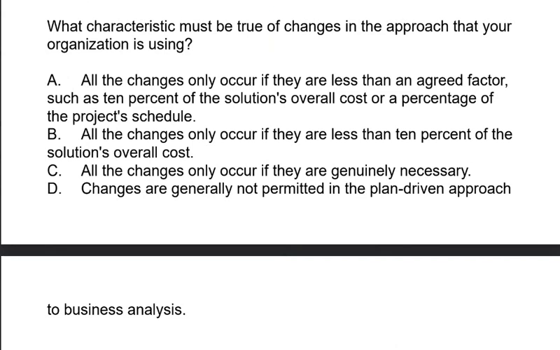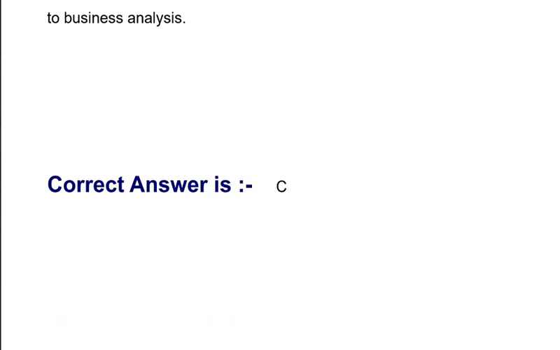Option B, all the changes only occur if they are less than 10% of the solution's overall cost. Option C, all the changes only occur if they are genuinely necessary. Option D, changes are generally not permitted in the plan-driven approach to business analysis. Correct answer is option C.